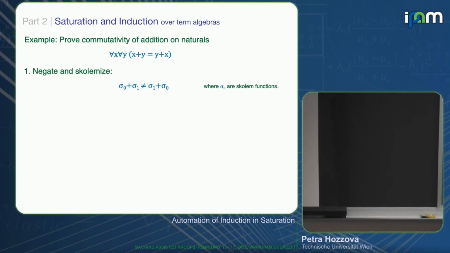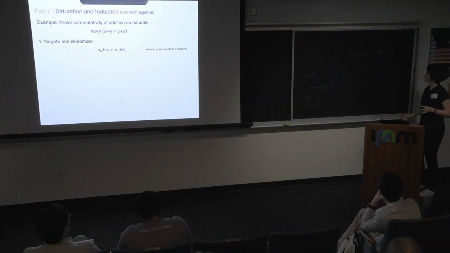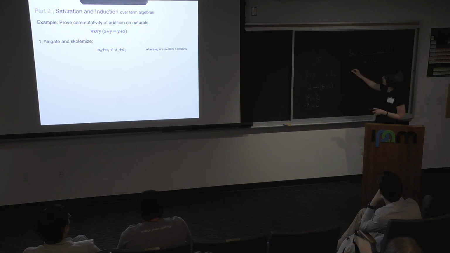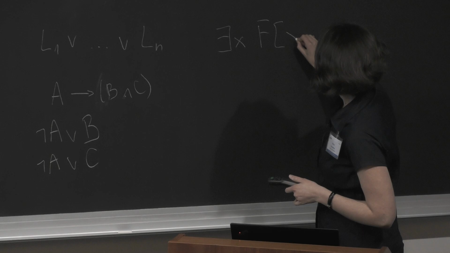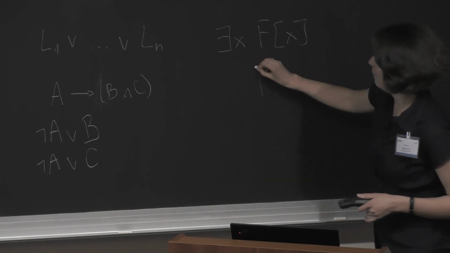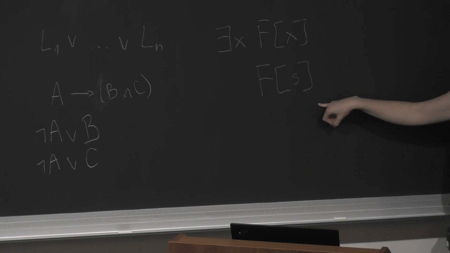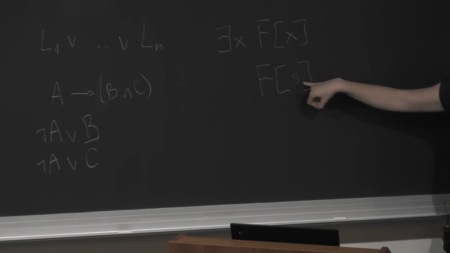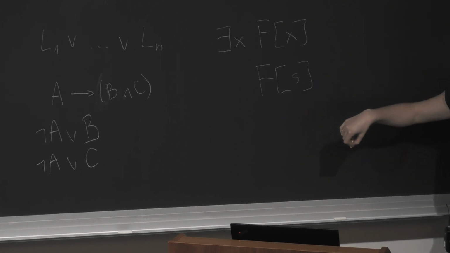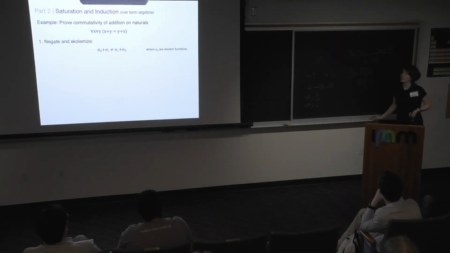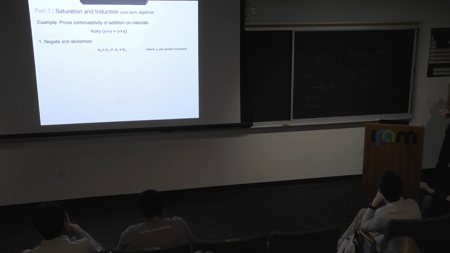Yes, skolemization, that's also something that I think was mentioned yesterday. Essentially, a formula like this will be equisatisfiable with this one for a fresh skolem constant S. Yes, the point is that if you have additional parameters, S will become a function of those parameters.